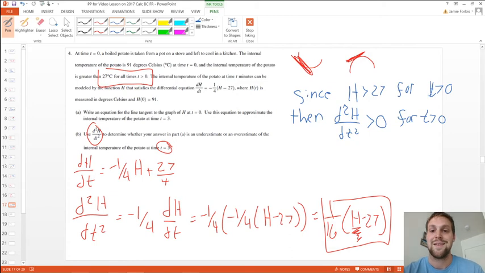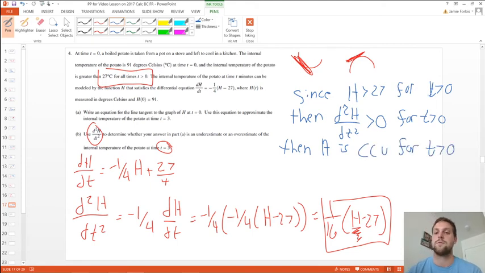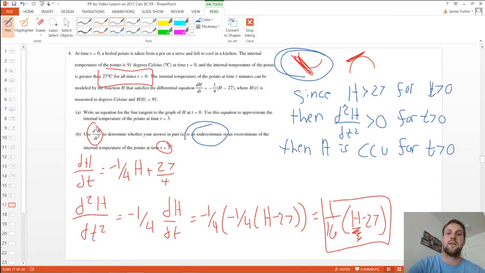So if that's the case, then h is concave up for all time greater than 0. Because my temperature is always greater than 27, my second derivative is always greater than 0, and thus h is always concave up. So that means my answer in part A was underestimate, because the tangent line is underneath the actual curve.